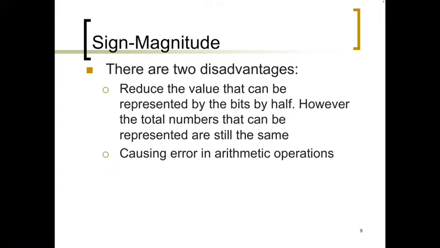The first disadvantage is that when we use sign magnitude, we actually reduce the value that can be represented by the bits by half. We will see this example later, so we keep this first.